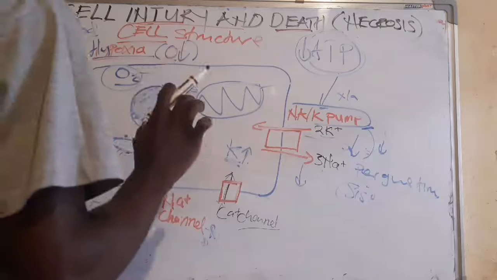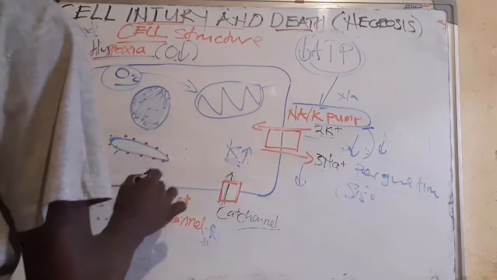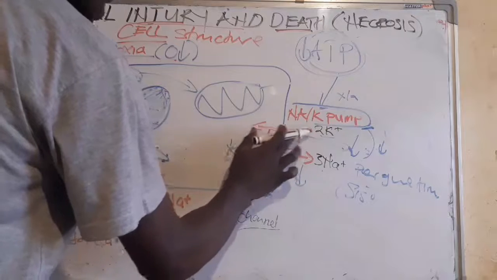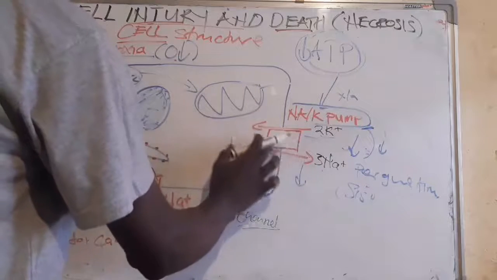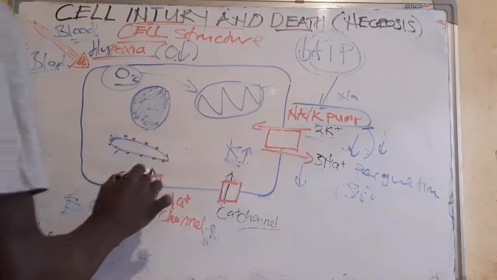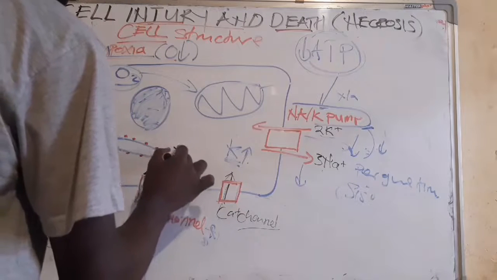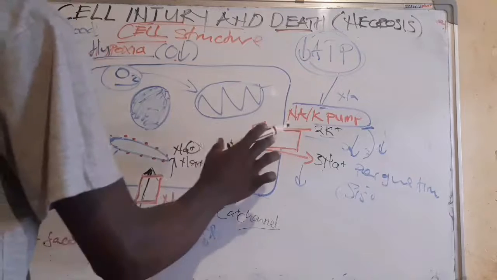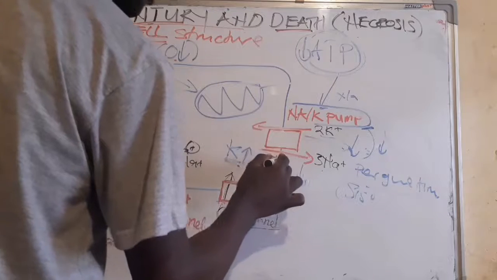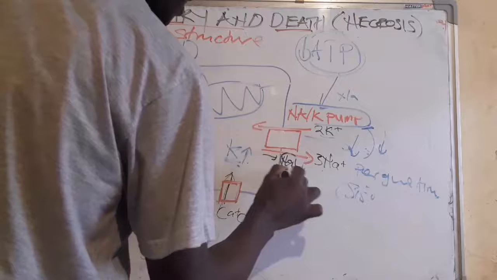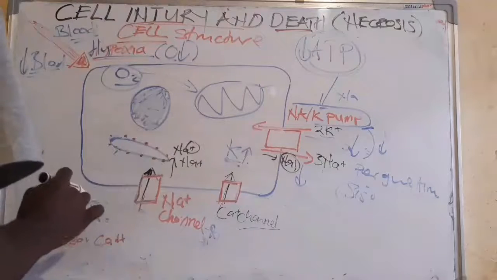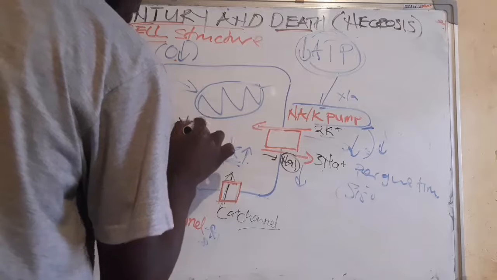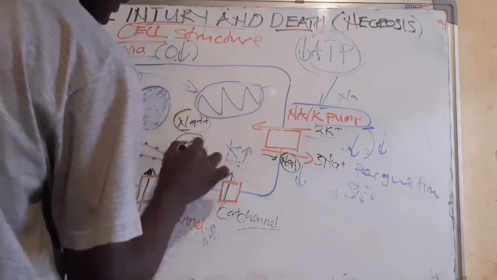So if there is a defect or reduction in the normal function of this pump, sodium will continue entering, but there will be a reduction in its moving out of the cell, such that there will be more accumulation of sodium inside the cell.